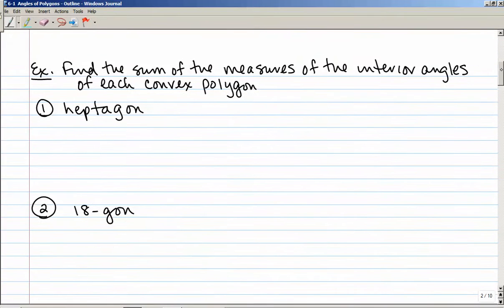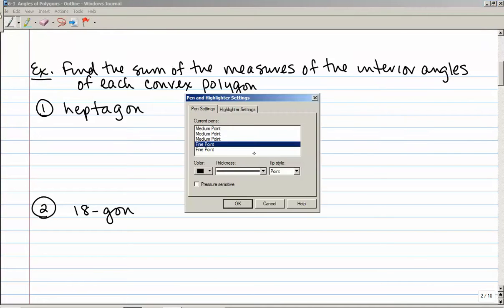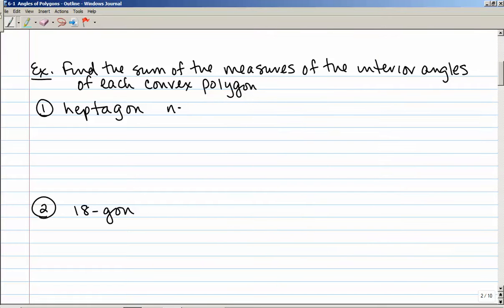So let's try a couple examples here. Find the sum of the measures of the interior angles of each convex polygon. A heptagon has 7 sides, so that means n equals 7.